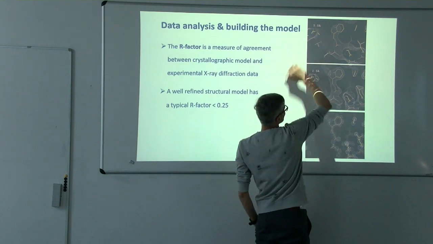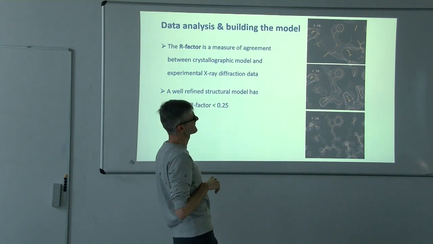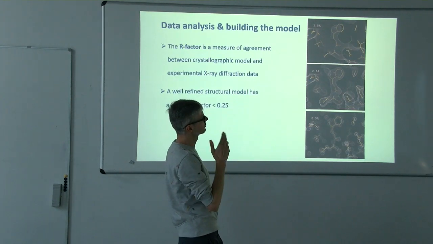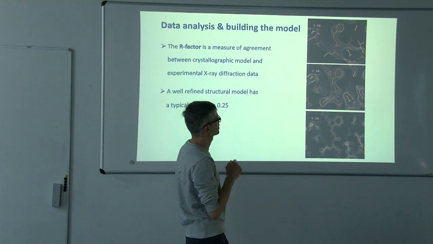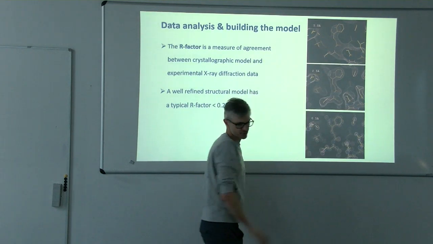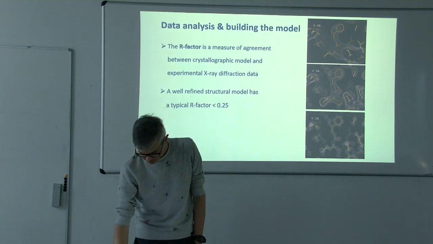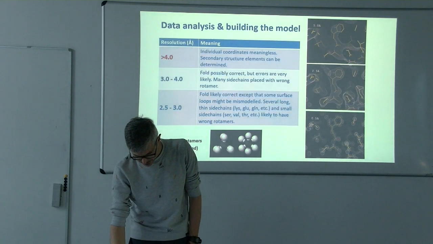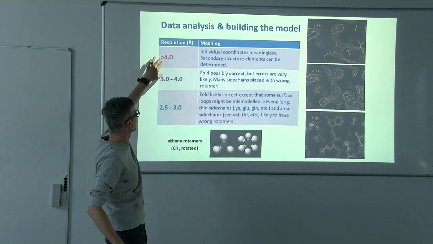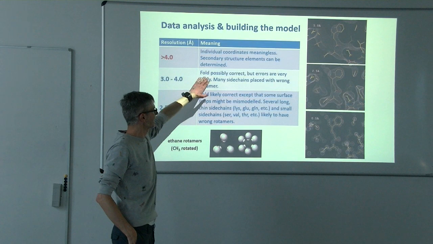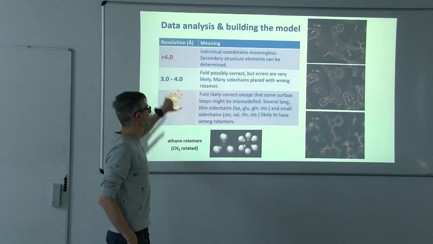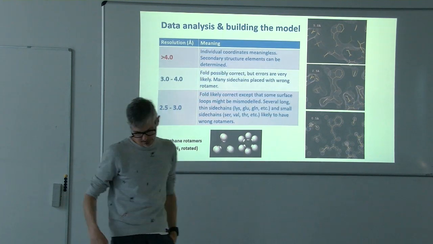But if you have a structure of 5 angstrom, it's quite difficult to fit all the atoms and the amino acids. So this is a less accurate structure, of course. This is explaining what good resolutions are and what you can expect of the structure for each of these resolutions.